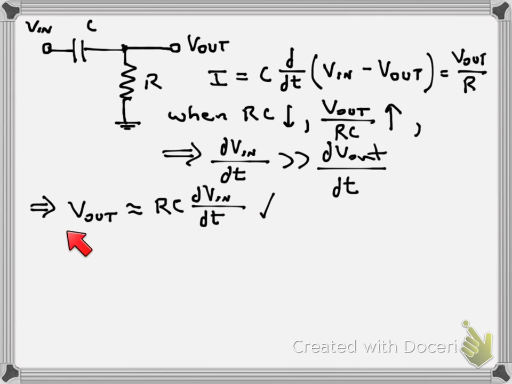So now here I have what I was hoping for. I have that the output voltage is proportional to the rate of change of the input voltage. That's my differentiator, provided I have this condition that dV in dt is much greater than dV out dt.